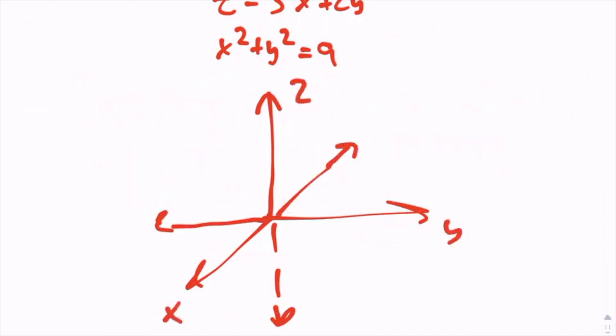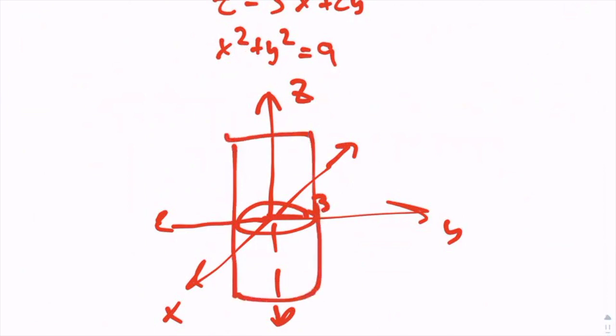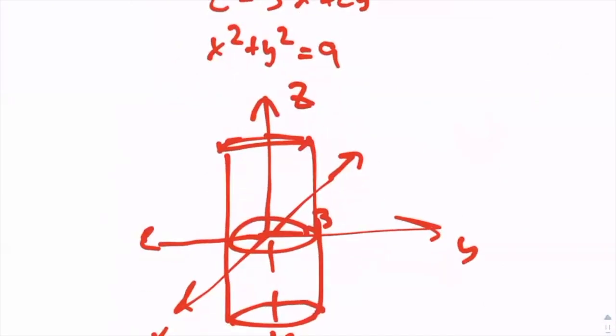So we're going to have, on the xy plane, a circle of radius 3, a cylinder, right there. Boom, right there. And then we're also going to have the plane z is equal to 3x plus 2y.